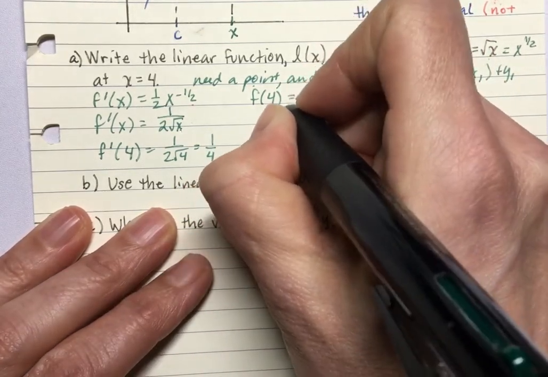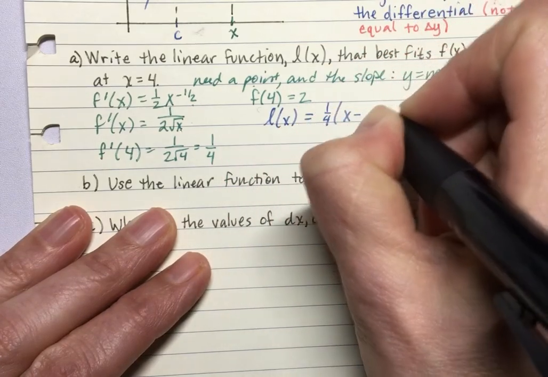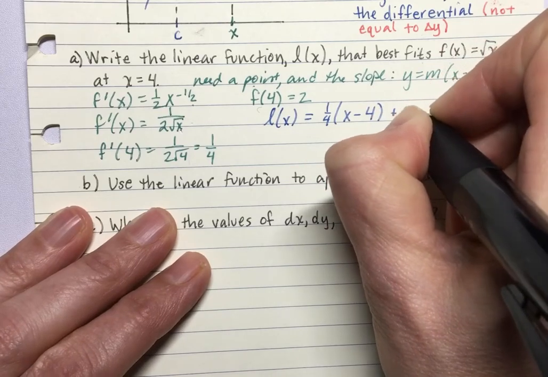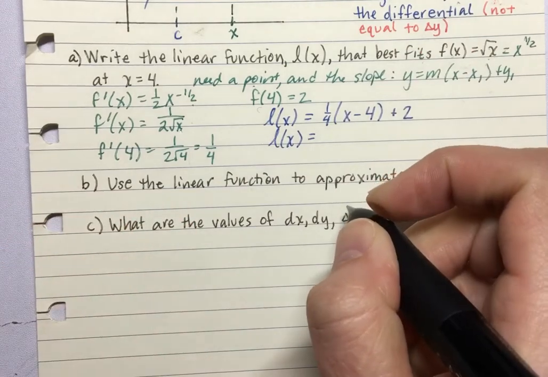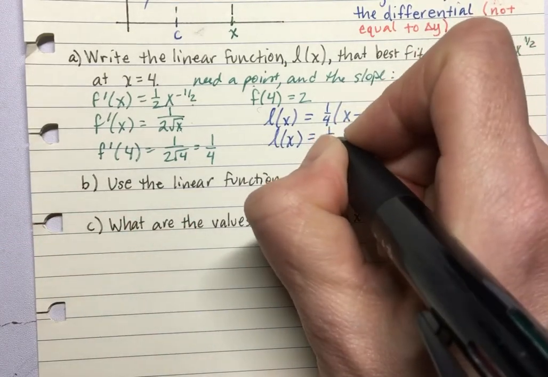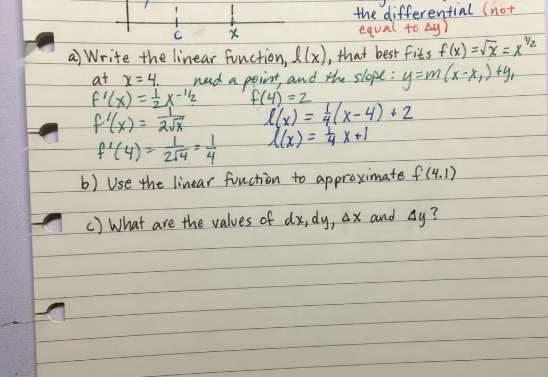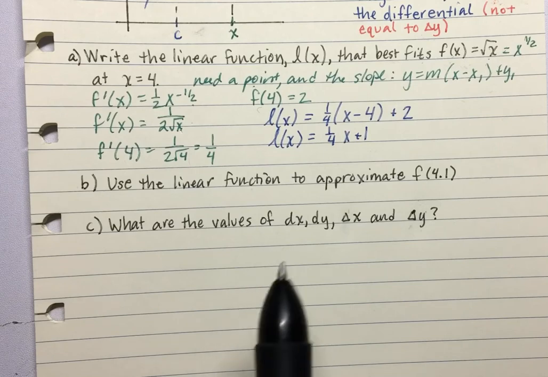Instead of saying y, I'm going to do L of x equals 1/4 times x minus my x1, which is 4, plus my y1, which is 2. Cleaning that up, I know we don't usually do that, but let's do that here. We have 1/4 x plus 1. So here is our linear function that best fits f of x at x equals 4.